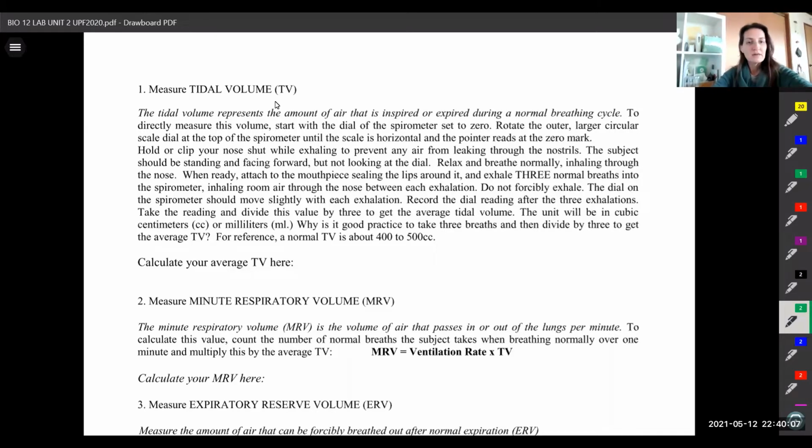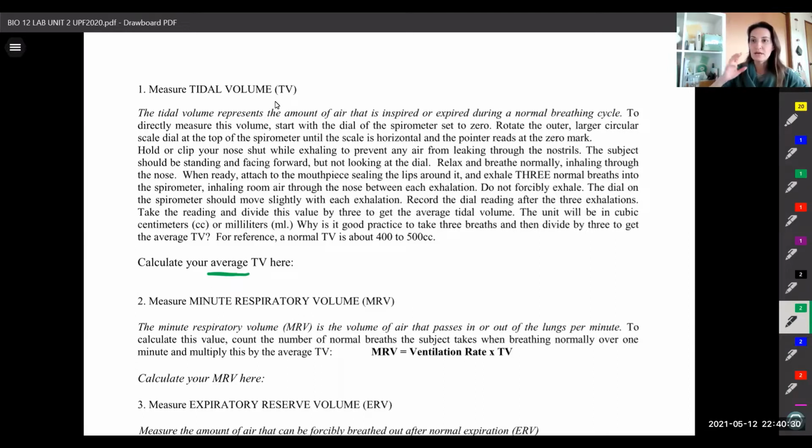So with the spirometer, in order to calculate the average tidal volume, what we would do generally is get an average here by taking 3 breaths, 3 expirations into the spirometer. And so typically you practice breathing normally for a minute or 2.